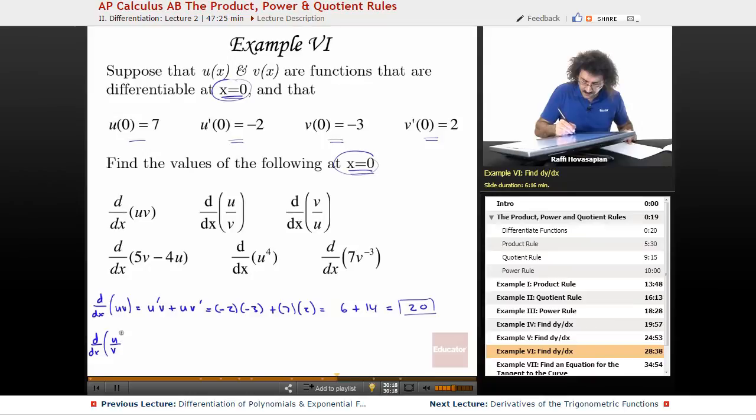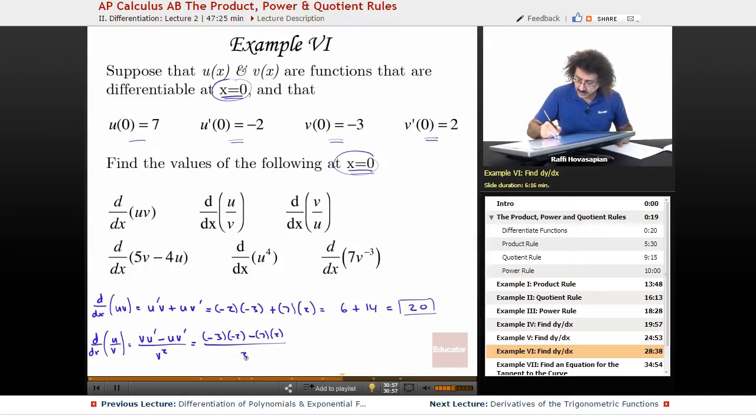Okay, so let's do d dx of u over v. Well, the d dx of u over v is v u prime minus u v prime over v squared. V is negative 3, u prime is negative 2, minus u, which is 7, times v prime, which is 2, over v squared.